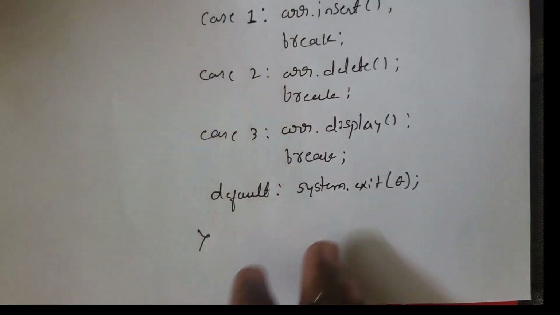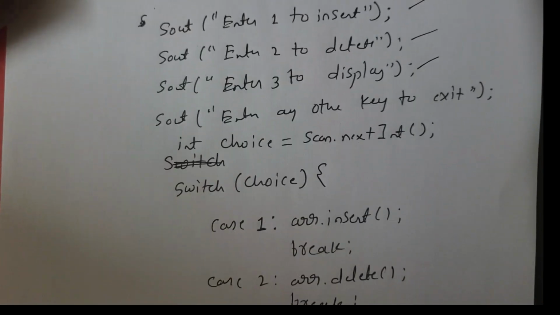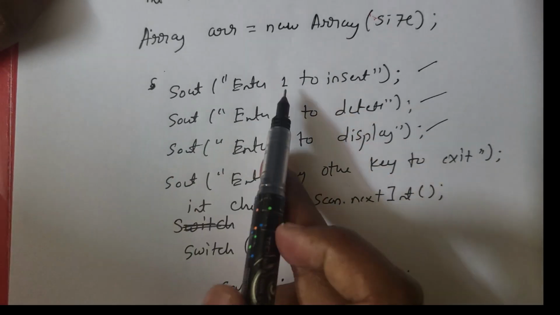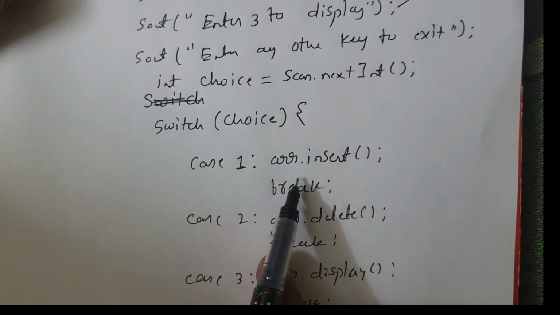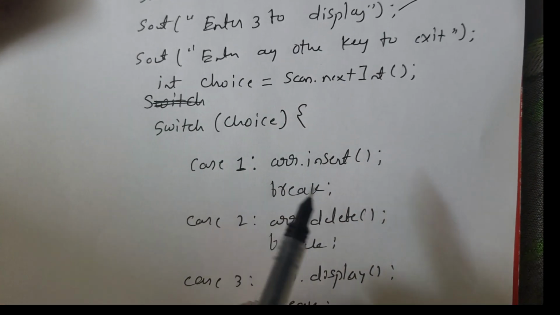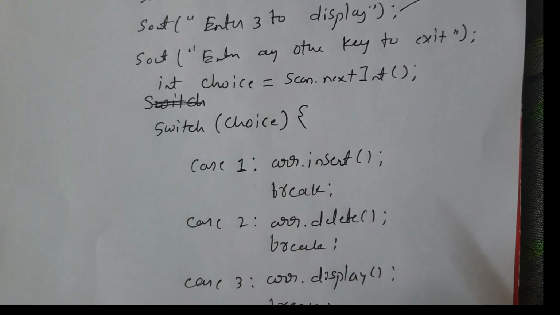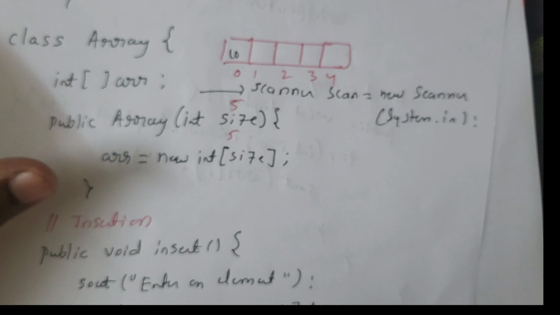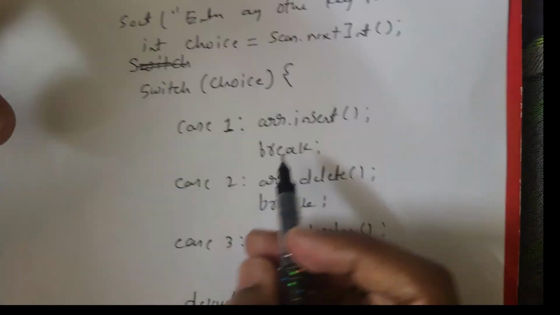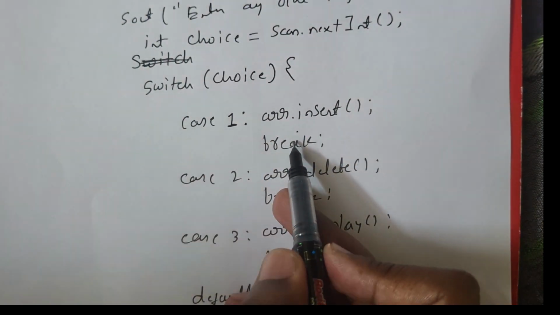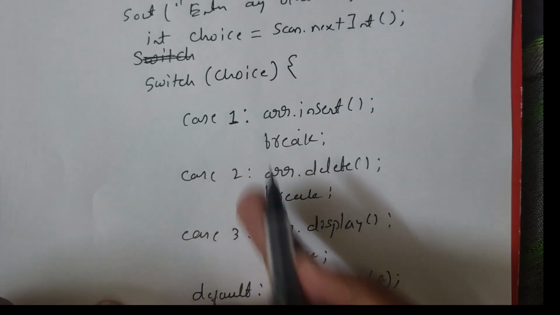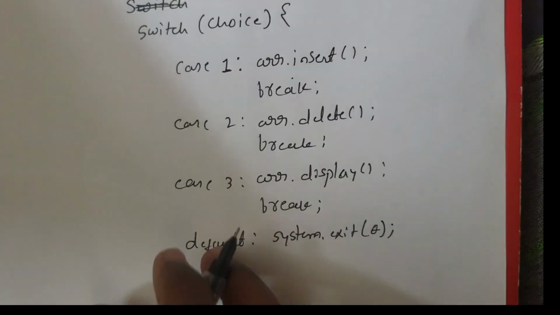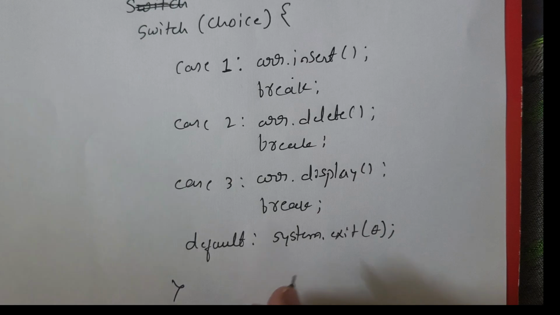Right. Now consider we have given choices but the user has entered 1. Now the insert logic would get called and the user has entered element 10. Now 10 would get stored here, right? After that was break. After this break, the program would close. So the program should not close until the user wants to exit.